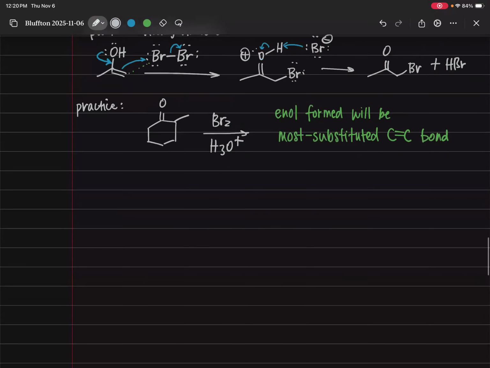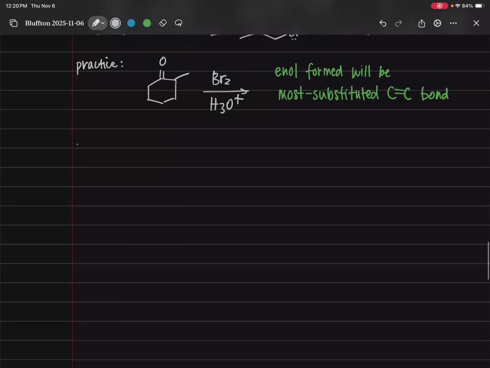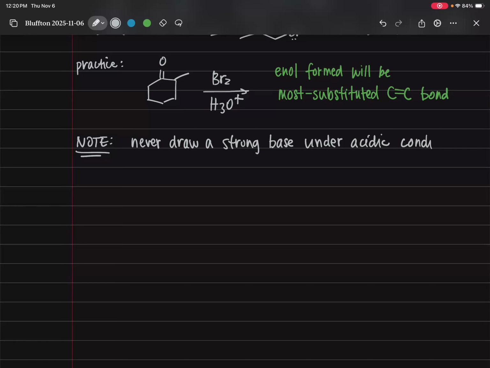Okay, I mentioned this very briefly in passing, but this is really important, something to keep in mind as you're drawing mechanisms. Never draw a strong base under acidic conditions.